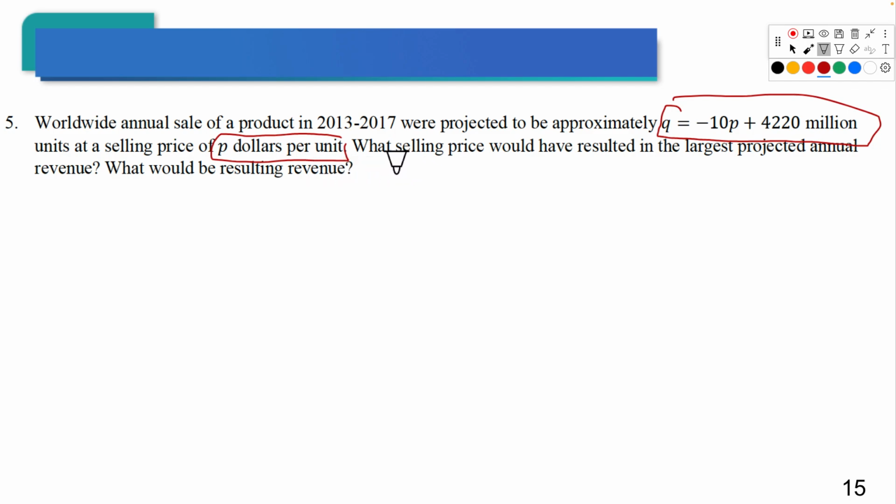But what selling price would have resulted in the largest projected annual revenue? So let's think how we get revenue. This is the important thing in setting up, since they want revenue, because oftentimes we confuse revenue with profit.